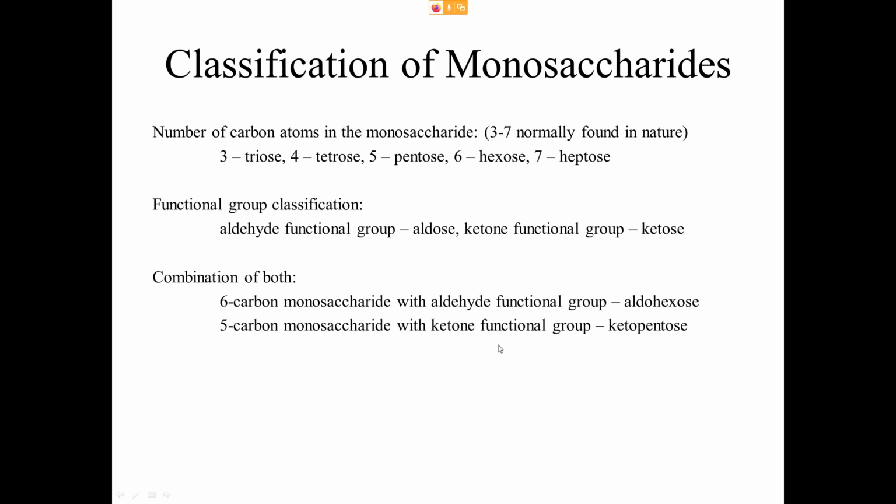So this should be a very simple system. You have 2 choices for the prefix, aldose or ketose, and then just list the number of carbons and append it with ose. So aldohexose, aldoheptose, ketotriose, whatever you come up with. There's a combination to describe the sugar. And then in each one of those sugars, we have to decide how many there are in that family.